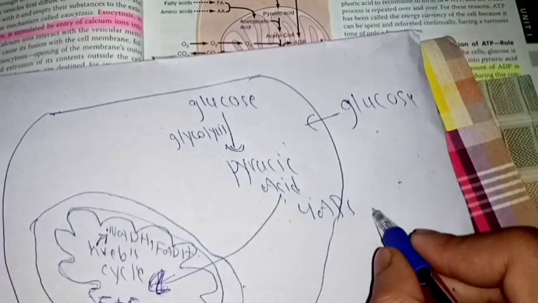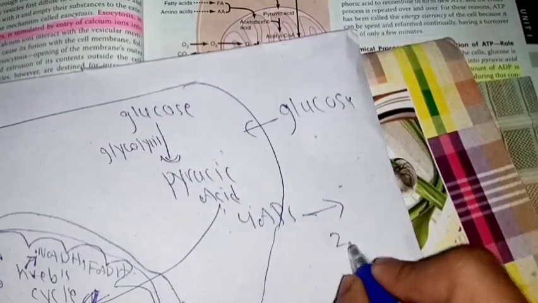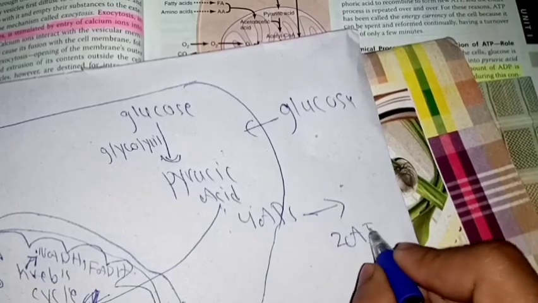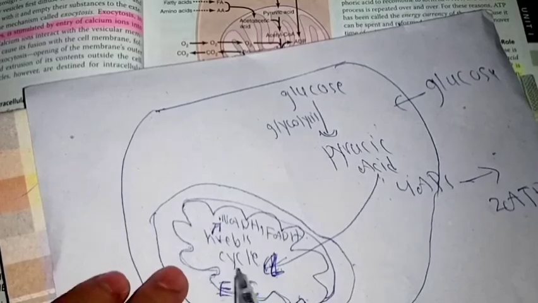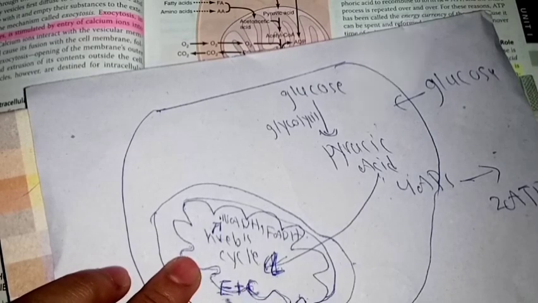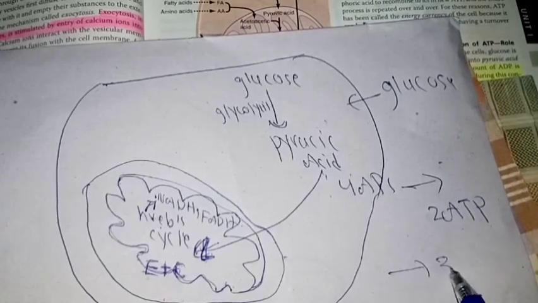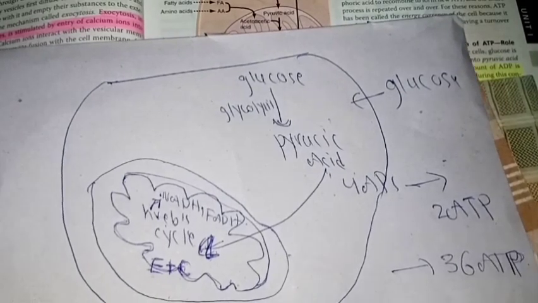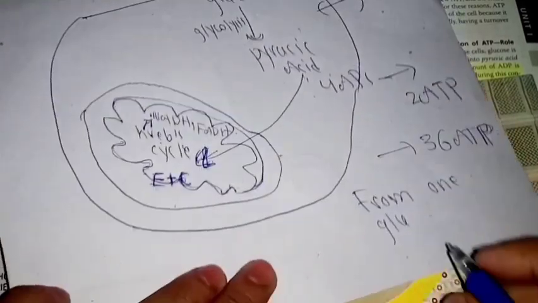So the net ATP synthesis in glycolysis is two ATPs. Two ATPs are synthesized by glycolysis, and the other 34 ATPs are synthesized by the Krebs cycle and electron transport chain. So up to 36 ATPs are synthesized from one glucose molecule.